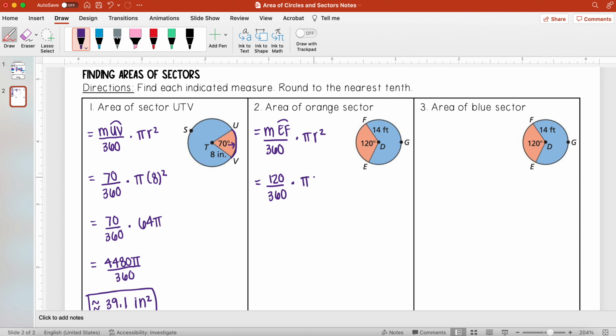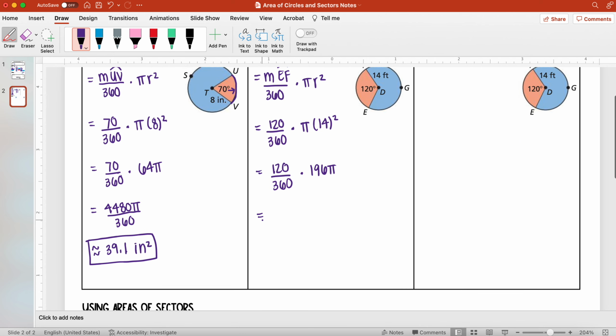My radius here is 14, so I have 14 squared, same thing as 14 times 14, and I get 196 pi. 196 times 120, I get 23,520 pi divided by 360.